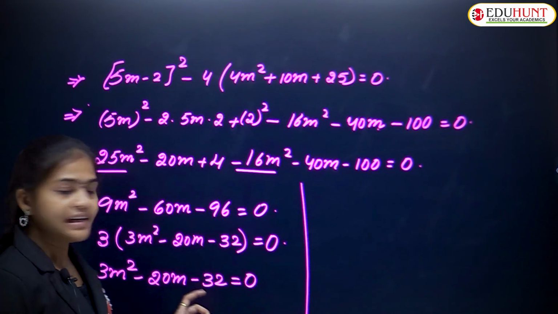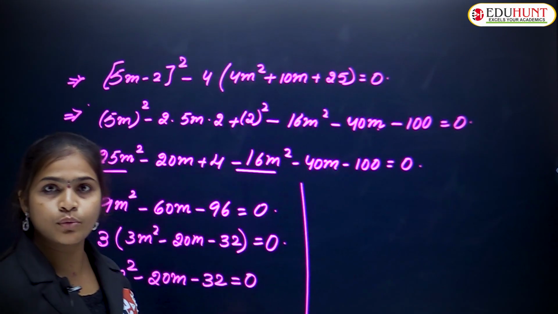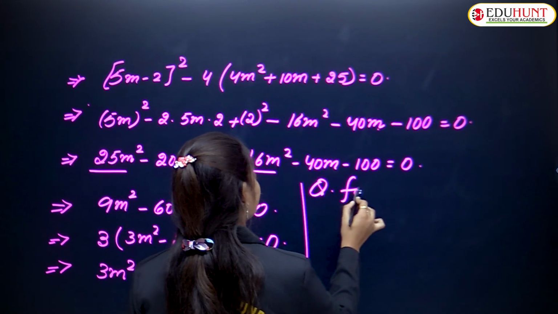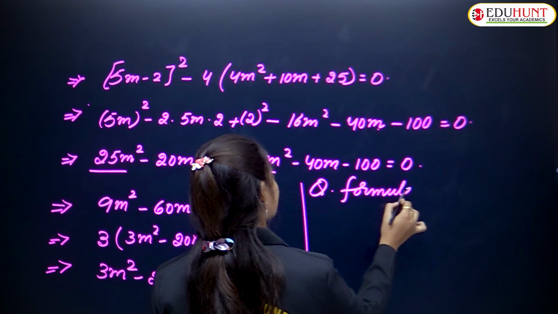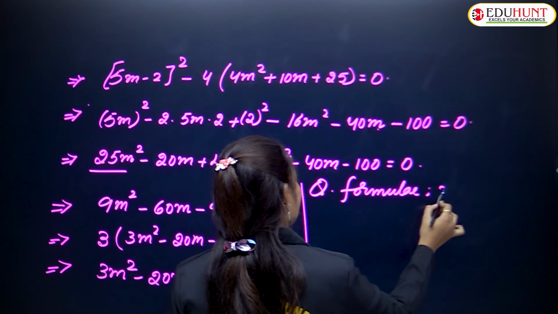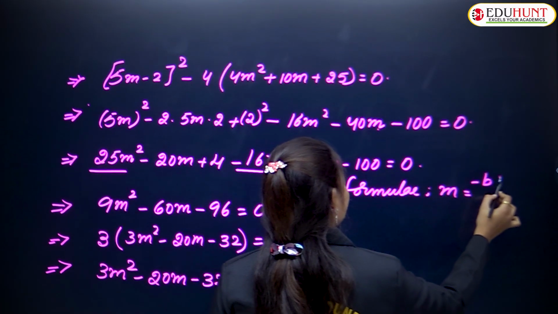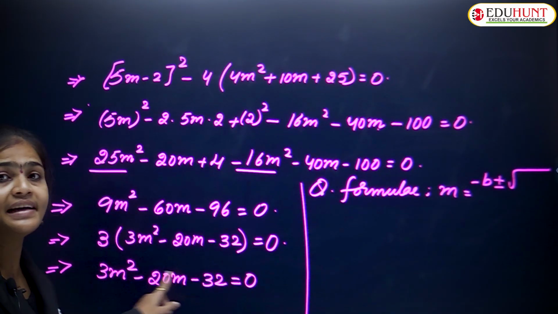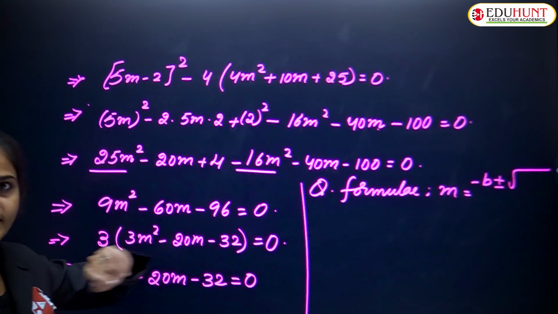So children, easily here we can find it by using the quadratic formula. So what is that quadratic formula? Here m is equal to minus b plus or minus square root of b square minus 4ac, by 2a. Why m? Because here the equation is in terms of m and we need to find the m value only, no?